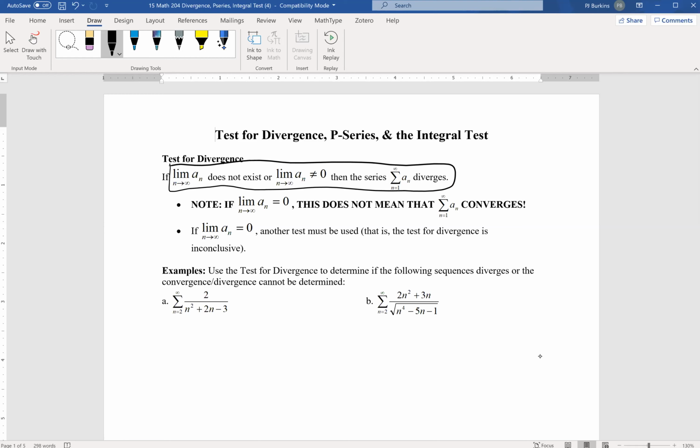So if we get 5 or if we get infinity, right, that tells us that thing diverges. If we get 0, we have to say inconclusive. And all that means is you better use another test.